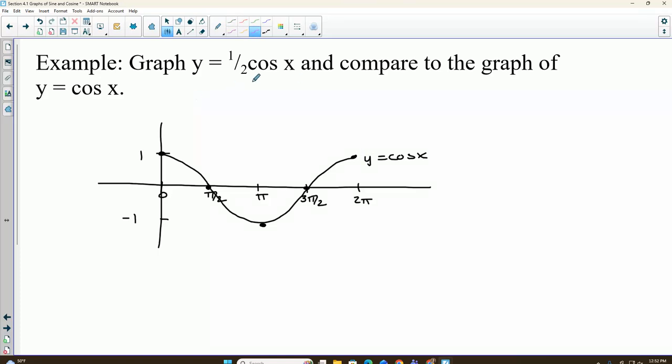So if I said 1/2 cosine of x, so 1/2 times the cosine. Cosine of 0 is 1 times a half is just 1/2. Cosine of pi over 2 is 0. 0 times a half is still 0. Cosine of pi is negative 1 times a half is negative 1/2. 3 pi over 2 would still be 0, and 2 pi would give us 1/2.